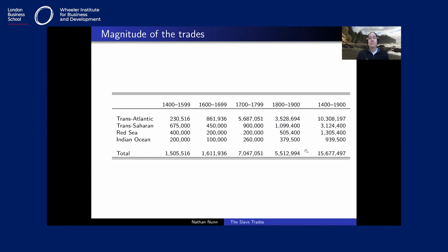And if you think of the number of individuals whose lives were disrupted and severely affected by the trades, it would be orders of magnitude larger. We can only guess how many more individuals were affected by the trade, 4 times, 5 times, etc. So it's a large period of time spanning from 1400 until as late as 1900, if we look at the data.